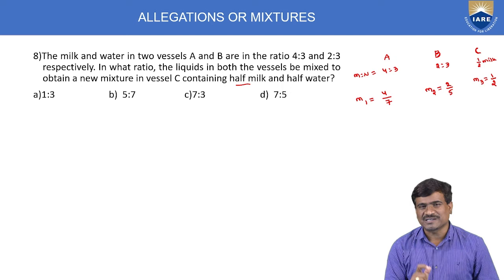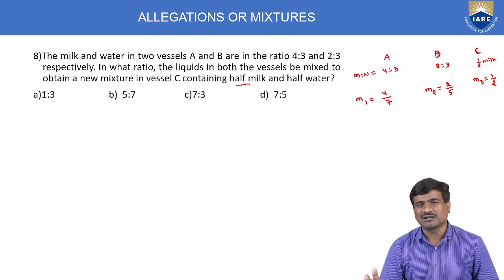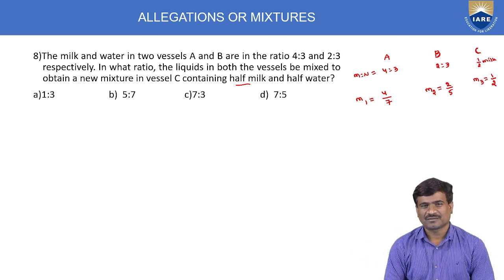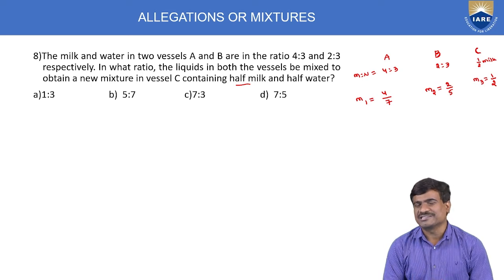Milk price is 4 by 7, water price is 0, so 4 by 7 rupees. Similarly, B container and C container. Direct method: in this type of question, just consider only milk but not water, because the water price is rupees 0, and 0 into anything is equal to 0.